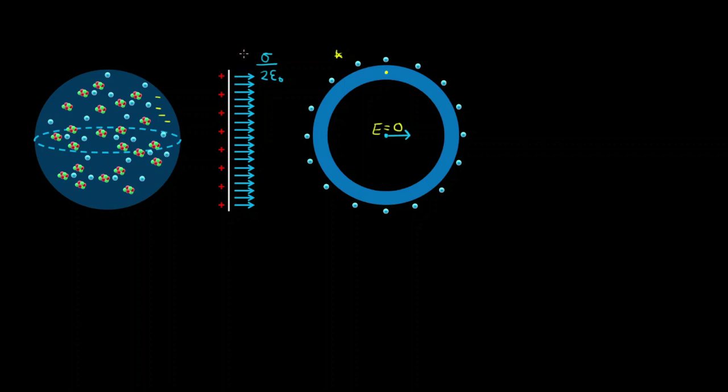Now, in the presence of this positively charged plate, more electrons are going to be drawn towards that positive charge. That leaves a positively charged region on the other side of the surface, and this imbalance of charge results in an electric field that acts in this direction.